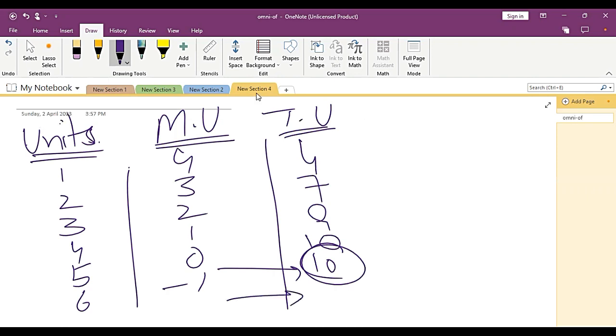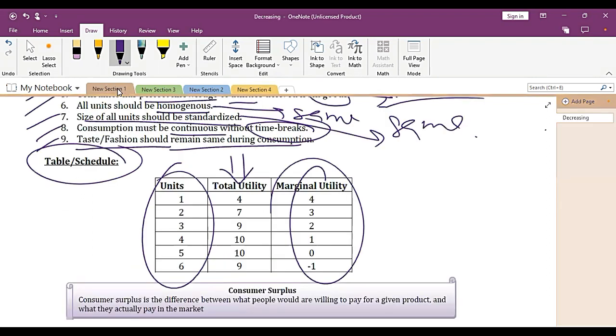Then with the decrease in marginal utility, it also decreases. Now let's make a pictorial diagram so we can understand this concept in a better way.